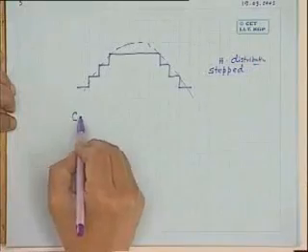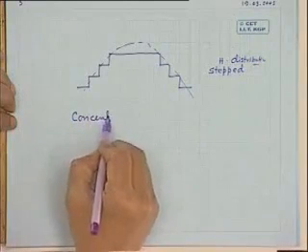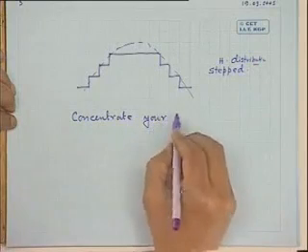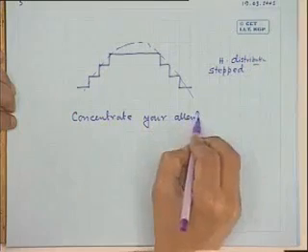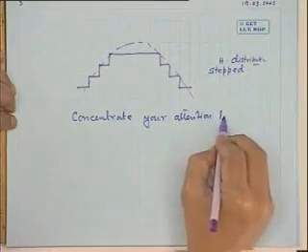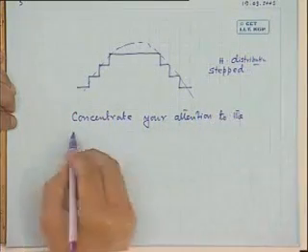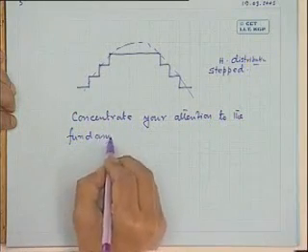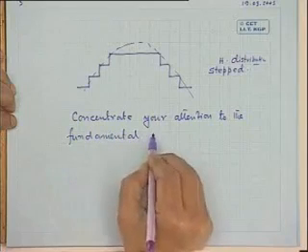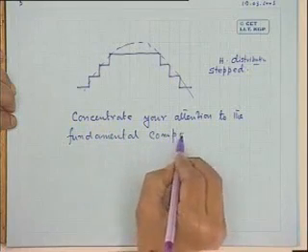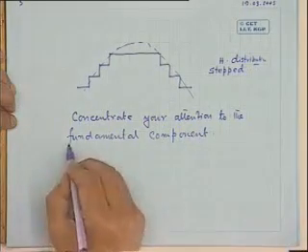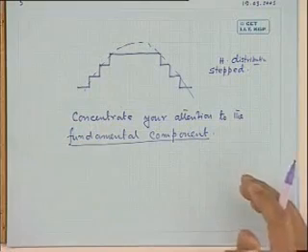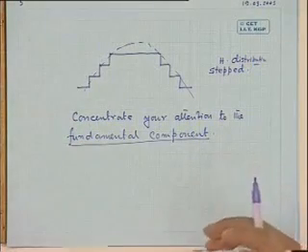So our first assumption will be, concentrate your attention on the fundamental component, or we will assume B distribution is sinusoidal in nature.